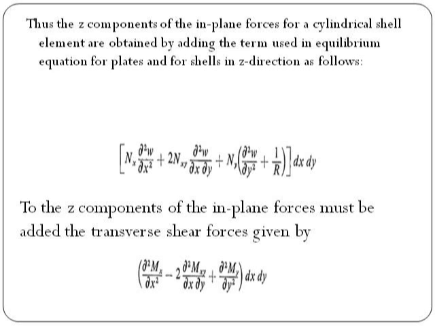So now we are going to combine the forces in x and y direction and the z direction as we showed above. So after combining this, we will get this whole equation. Then to the z component of the in-plane forces must be added the transverse shear forces, that is given by this second equation. So the transverse shear forces will be given by this equation.